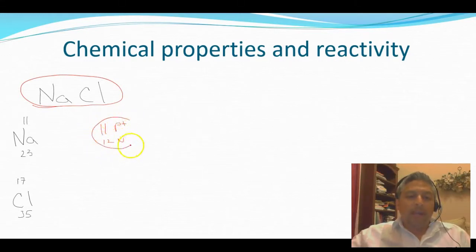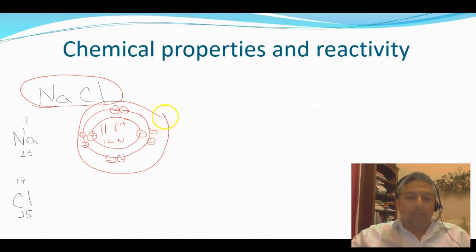And if we put the energy levels, we're going to need 11 electrons because we have 11 protons. We're going to have 2 on the first energy level, 8 on the second energy level. But we need 11. So far we have 10. So we need 1 more. There you go. So that's the last one.